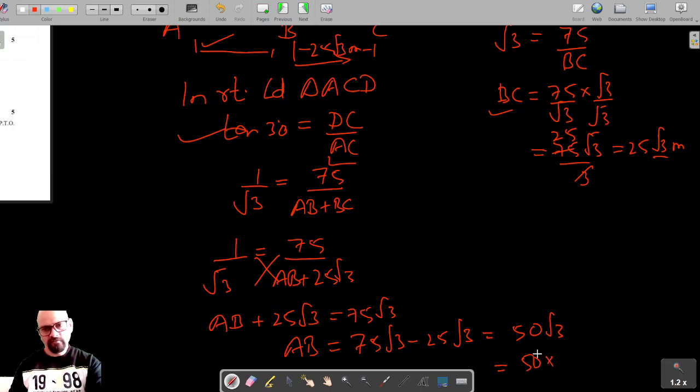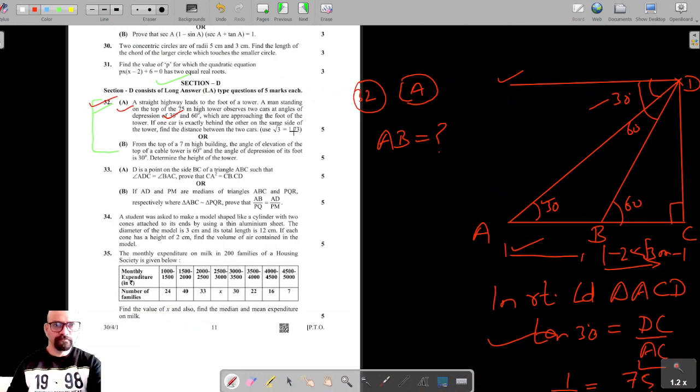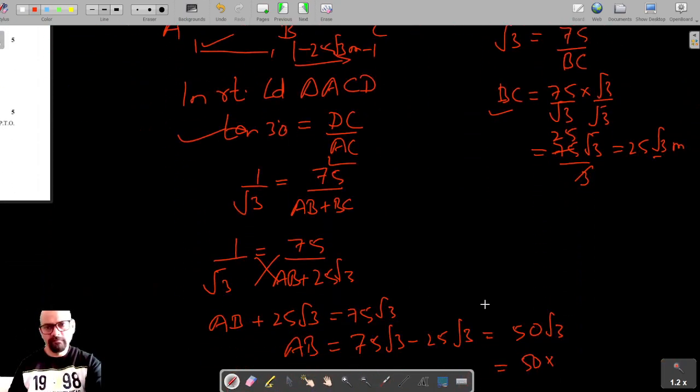And it's given that we have to take the value of root 3 as 1.73. Now the distance between the two cars is 50 times 1.73: 5 threes are 15, 5 sevens are 35, and so on, it's 86.50. So this gives 86.5 meter.